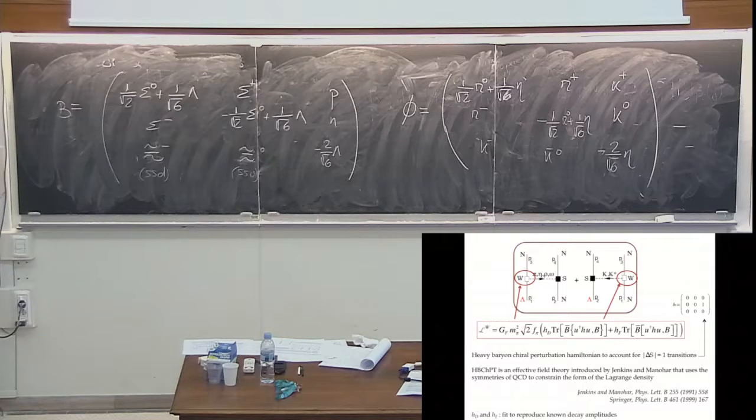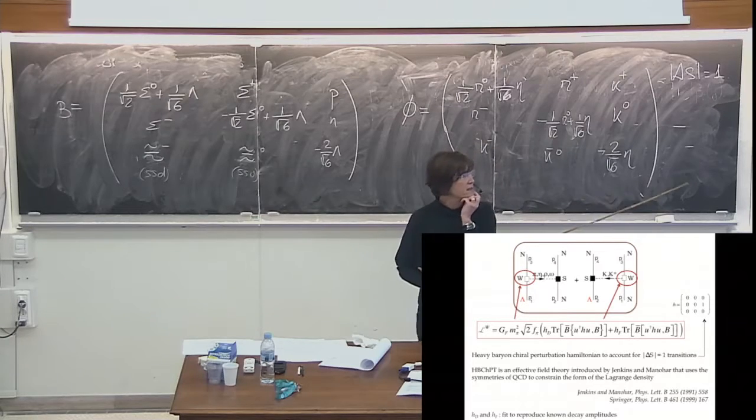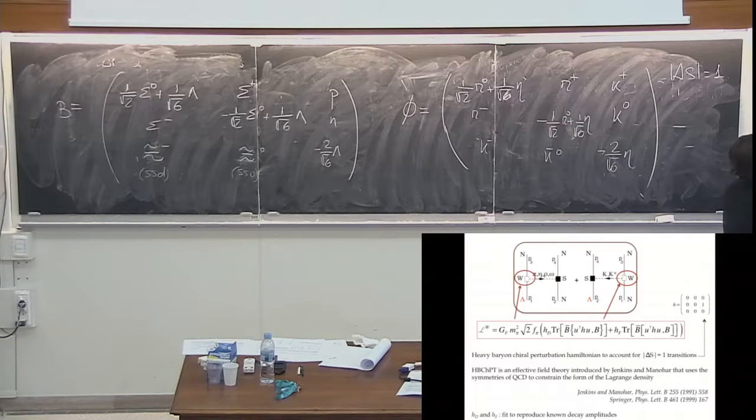This matrix allows you to go through transitions that are delta S equal to 1, which is what you have in the weak vertex. This is a Lagrangian derived in the framework of heavy baryon chiral perturbation theory, which was worked out many years ago by Jenkins and Manohar, and has been applied in many weak processes. Again, you have constants that are fit to experimental data.